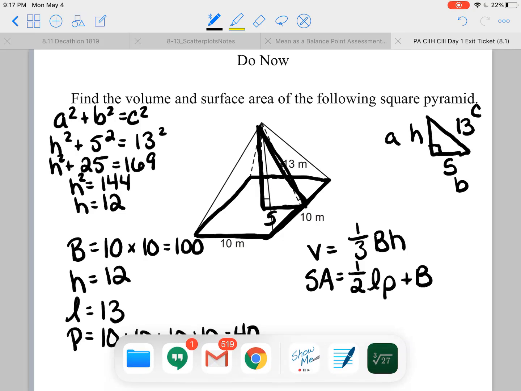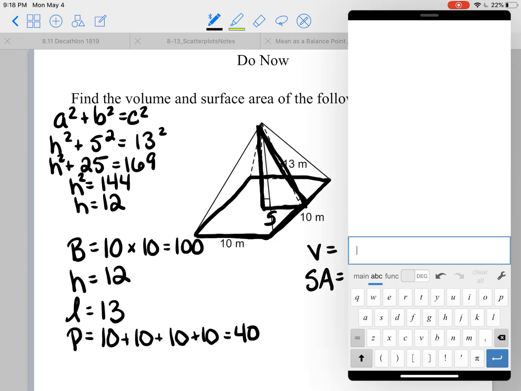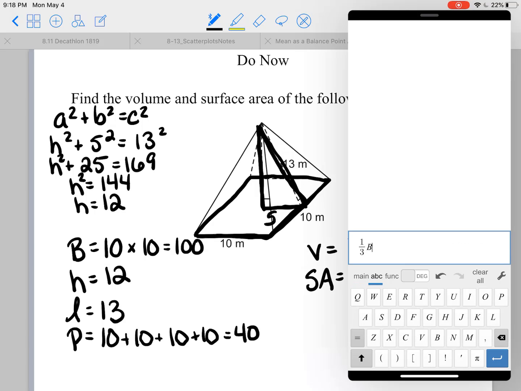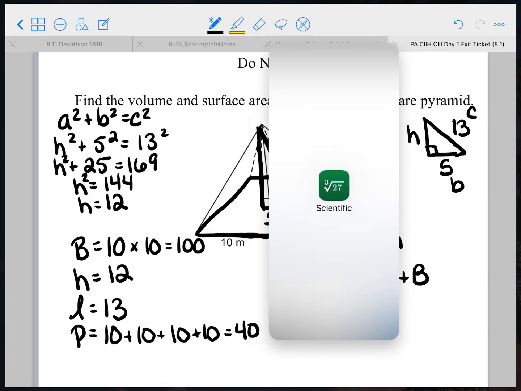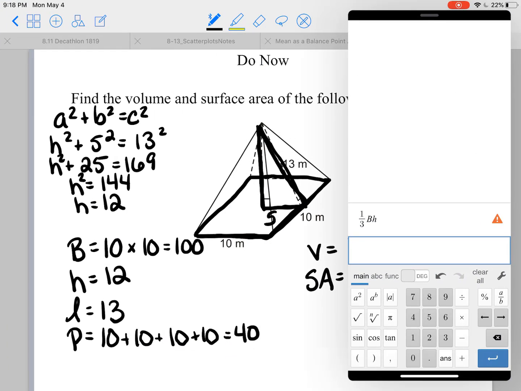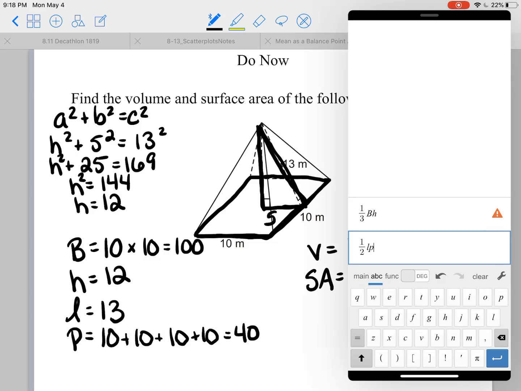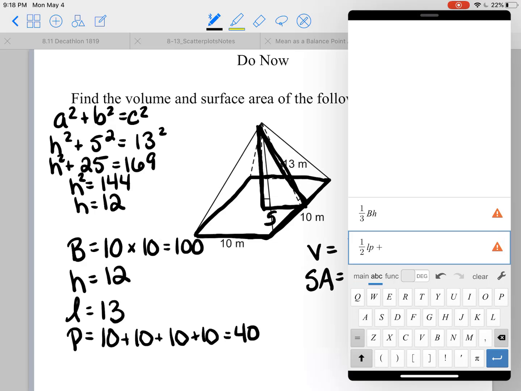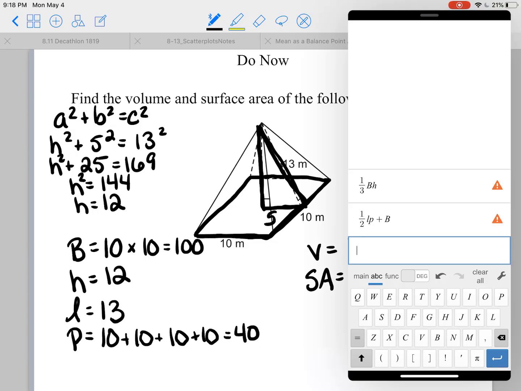Now we're going to use Desmos to finish up the problem. So our formula for volume is 1/3 capital B lowercase h. And I'm actually going to do both at once. I'm going to go ahead and put the surface area formula as well, which you can do. 1/2 times LP plus capital B. And now I'm just going to put all 4 variables.